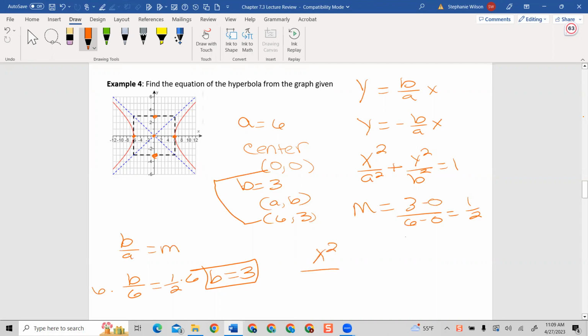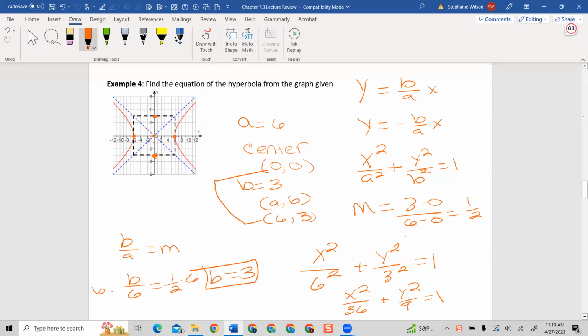We've got x squared over a, and a is 6, and we need to square it, plus y, or minus y, over 3 squared is equal to 1. So x squared over 36 plus y squared over 9.